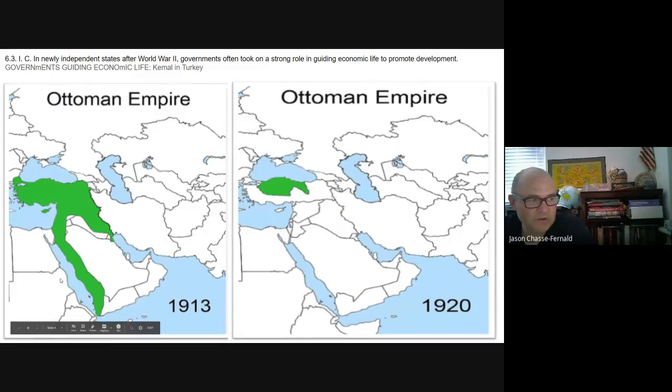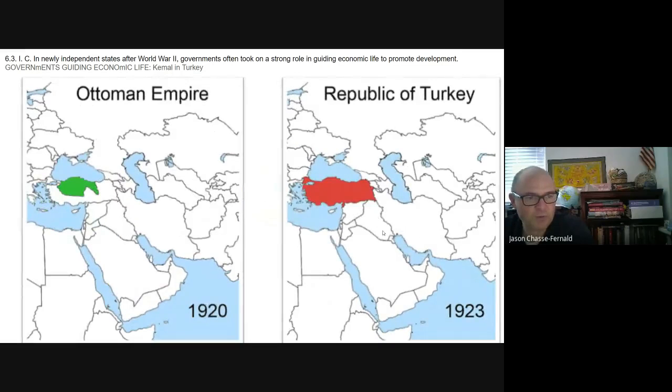So the western part of the Arabian Peninsula, the Fertile Crescent, Mesopotamia, the land around the Tigris and Euphrates River valleys, they're going to be lost after World War I. And then there's going to be an immediate war against the Greeks in the aftermath of World War I. And then eventually Ataturk comes into power and establishes what are the normal borders here.